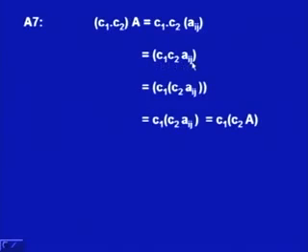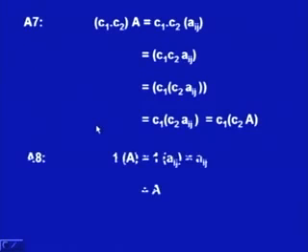So it is c1 c2 Aij, multiplied with each and every element of the matrix, and this product is simply a number. You can interchange the brackets, and finally what we have is c1 c2 into A. So this property also holds for scalars and matrices of order m by n.